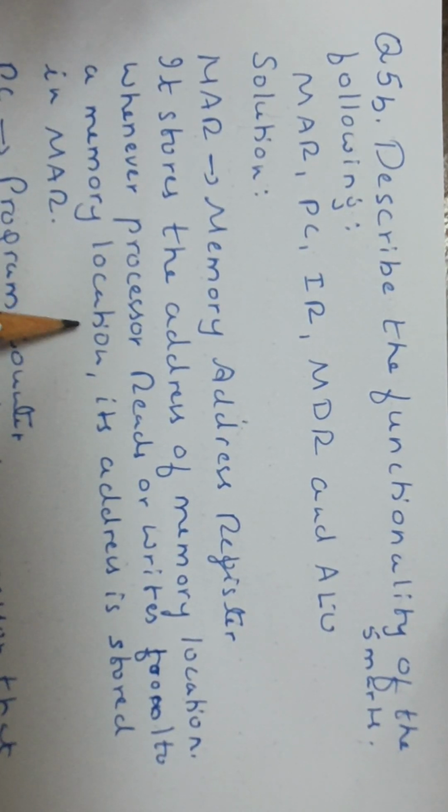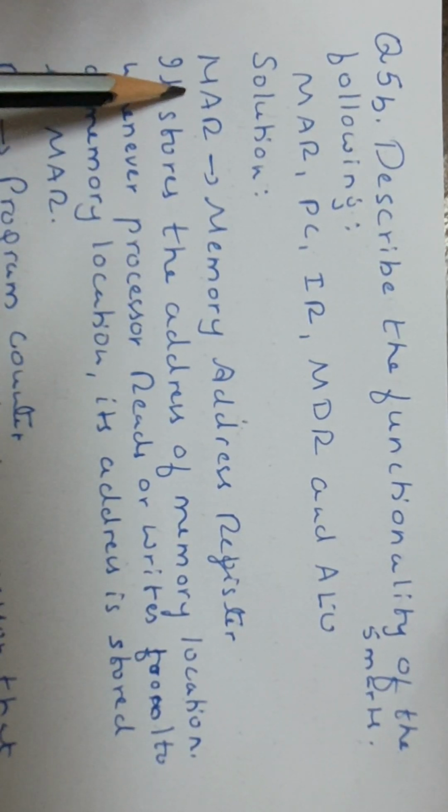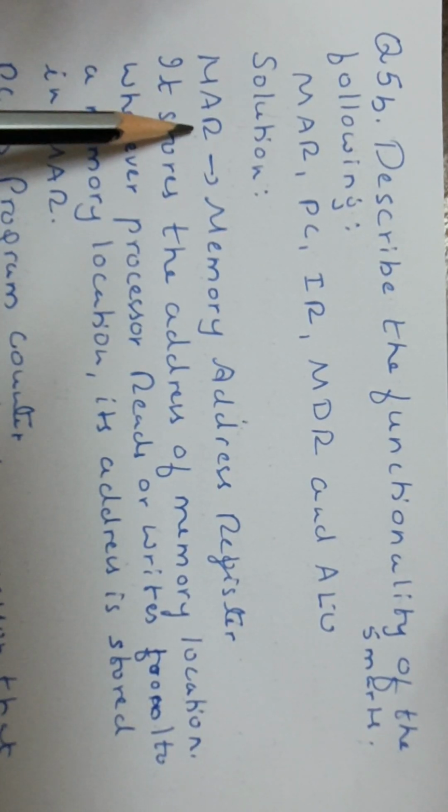So it reads the data and instructions from memory and writes the result into memory. Processor will be doing read and write operations with the memory. The memory location with which it wants to communicate, either read or write, that address it will specify into its special register called memory address register.